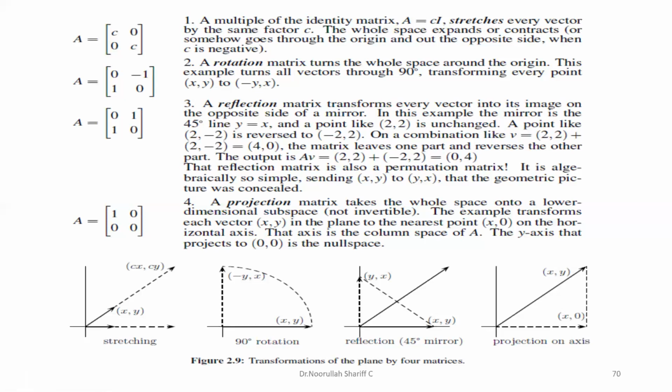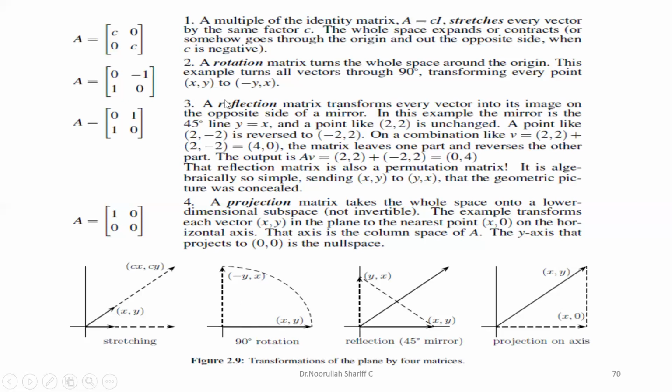So the column matrix becomes minus y, x in place of x, y. Here xy gets transformed into Cx, Cy; here xy gets transformed into minus y, x. That can be represented over here: xy is here, and minus y, x will be here. So the 90 degrees transformation will convert it like this.